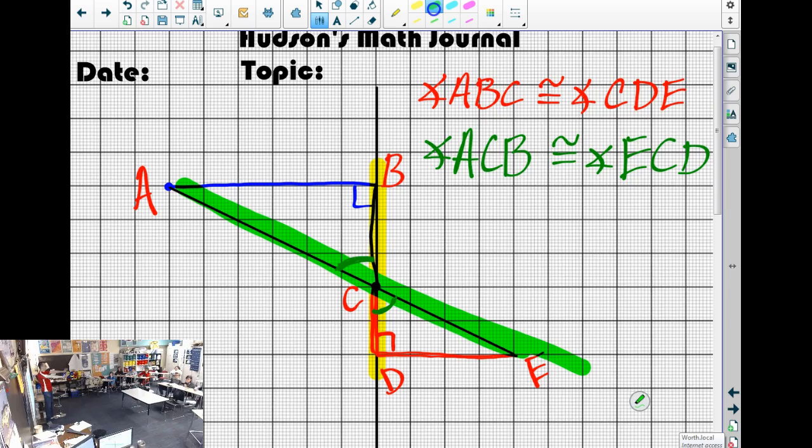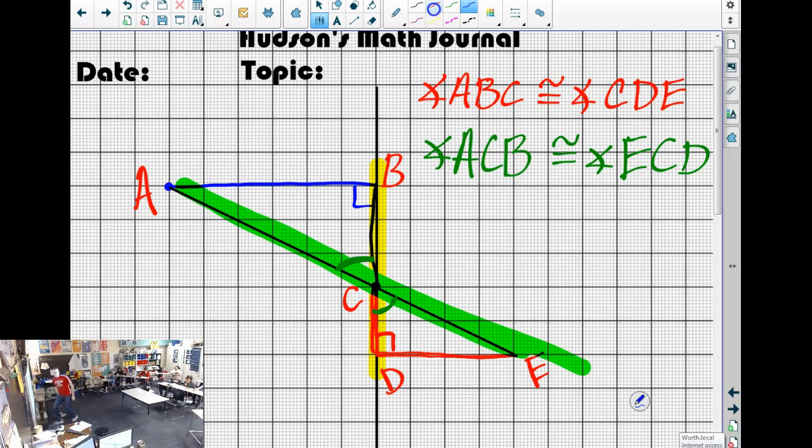Any questions? No? Okay. So then, once we have angles congruent, what can we say about these triangles? Not that they're congruent, but that they are similar.